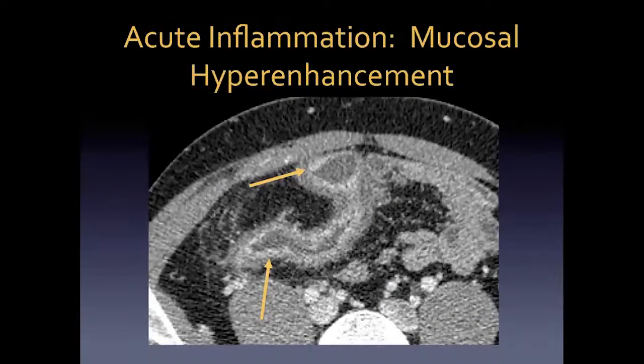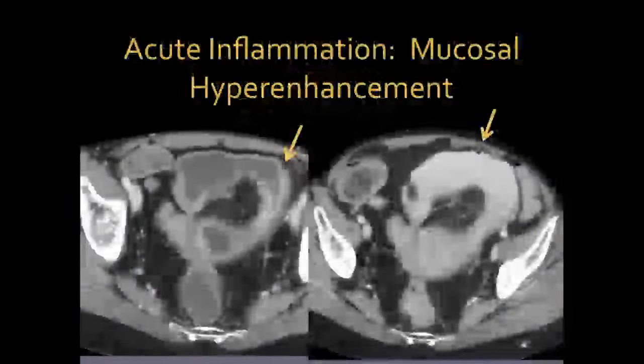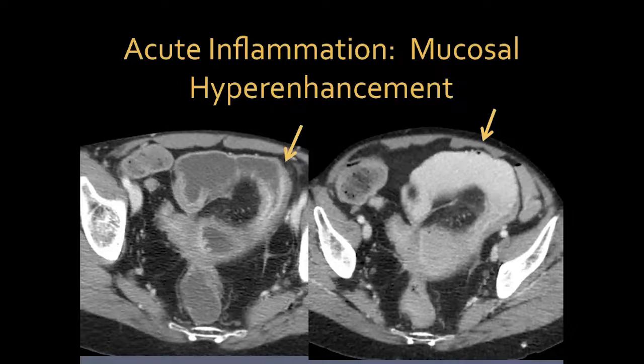And then lastly, mucosal hyperenhancement. This tends to be one of the most noticeable features, I think, in abnormal colon at CT, assuming you've given IV contrast. It really stands out and leads your eye to the abnormal segment of bowel, this mucosal hyperenhancement. Now, that is only the case if you have not given positive oral contrast.